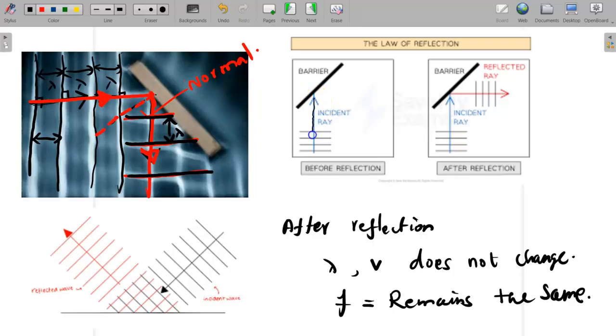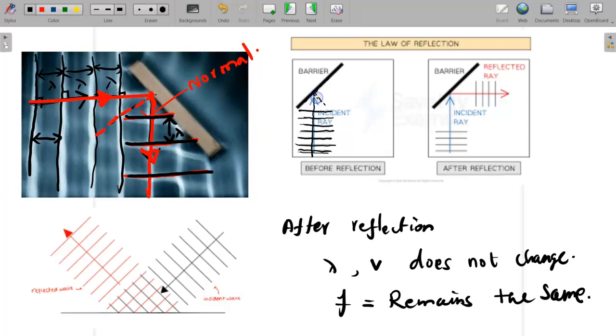This is the direction of wave motion, and we are drawing wavefronts. You can draw more wavefronts or fewer, but a minimum of 4 or 5 wavefronts should be drawn, and maintain the spaces equal. Now draw the normal line, normal to the barrier.